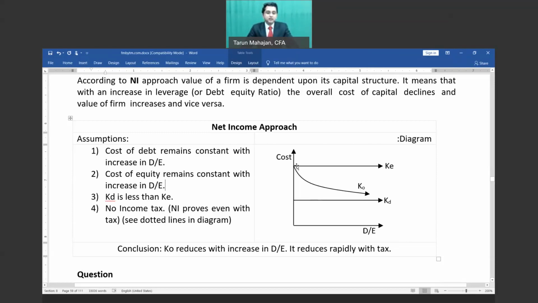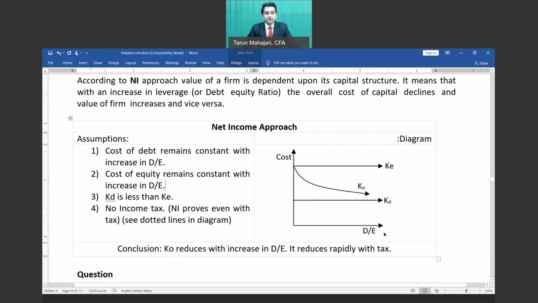See here at this point, the overall cost of capital and cost of equity are exactly the same because here the debt equity ratio is 0, and if the debt equity ratio is 0, then overall cost of capital is equal to the cost of equity.